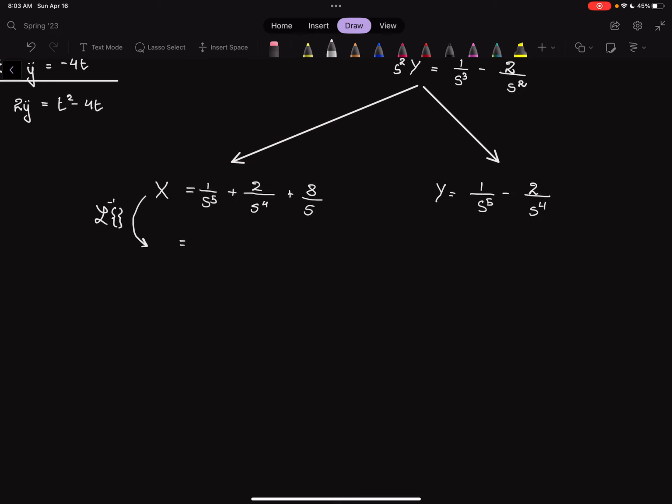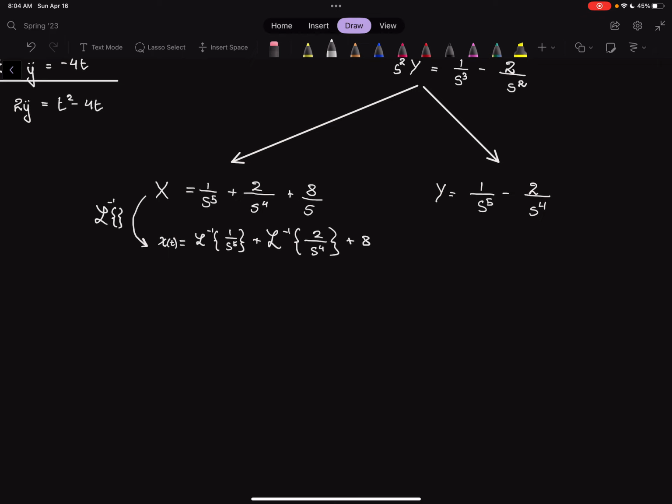Well, here I get x of t, and the Laplace inverse of 1 over s to the fifth, I don't know, let's write it like this, and let's see how we can manipulate it. This one will have 2 over s to the fourth, and this one we know what it is.